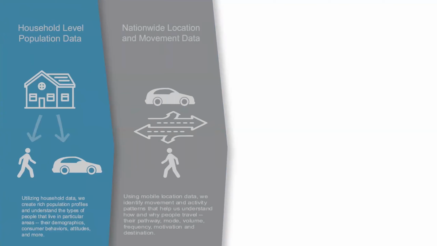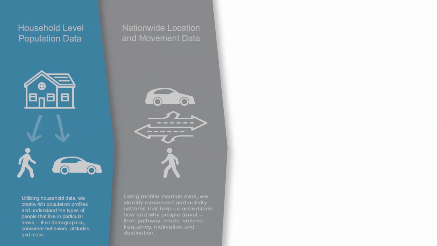So then we need to understand the movement of everybody, right? Using the mobile data, we create this nationwide movement map, understanding movement of everyone across the country simultaneously. So on the left, we understand who they are, what they're about, their attitudes, persona, personality.